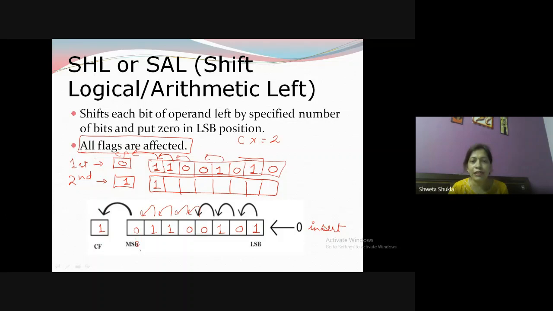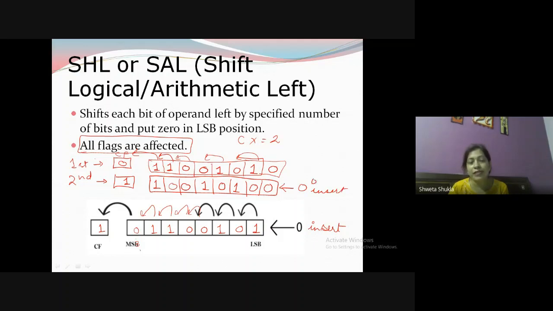So the process will go on in the same manner. The carry flag becomes 1, then this is 1, then this is 0, this is 0, 1 0 1 0, and in the LSB 0 will be inserted again. That means you have to insert 0 here also.